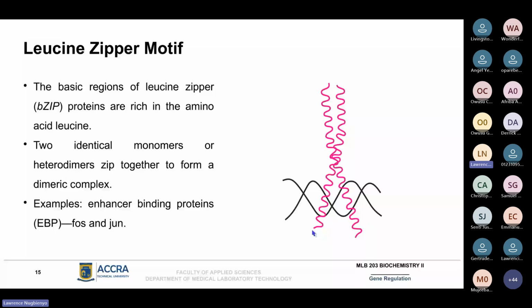And in that process, you have proteins such as Fos and Jun. These are very much seen in the progression of cancer. I mean, that's just by the way, just to have a certain practical application, to know that it isn't just theoretical things where you just see the structure of, say, the leucine zipper and that's all.